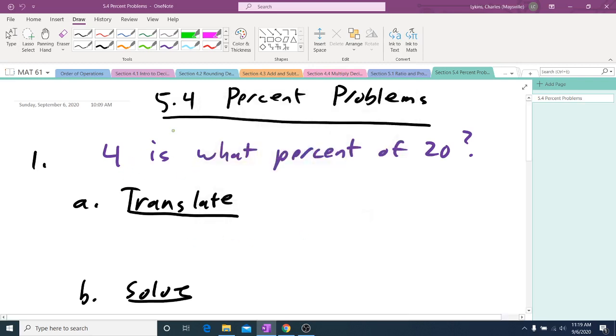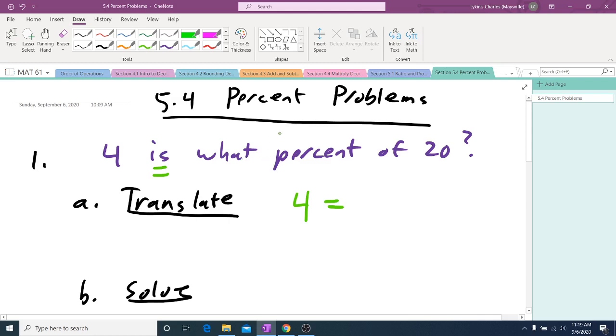When we're looking at this, it says 4 is what percent of 20. So we need to find the percentage of 4 out of 20. Reading this, I'm going to look at 4. "Is" is always an equal sign.